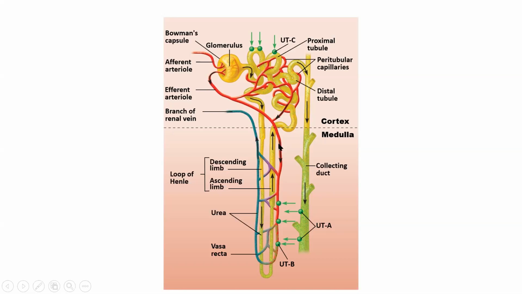So blood is flowing down the descending limb of the vasa recta, which comes in contact with the ascending limb of the loop of Henle, and blood is flowing from the ascending limb of the vasa recta, which is coming in contact with the descending limb of the loop of Henle.